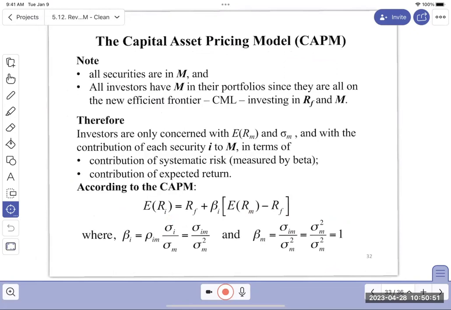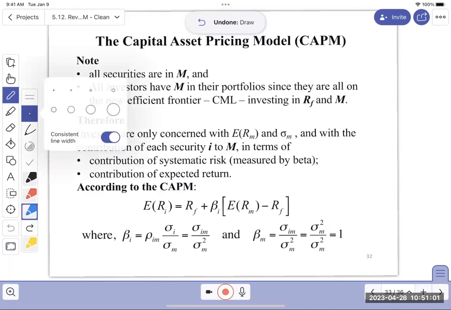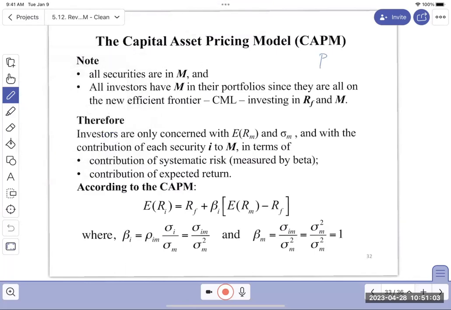So what are we doing? It's a pricing model, but price when we talk about stock, remember the more basic valuation formula was like this. Our goal in Unit 5 is to actually find I. That's what we're doing.